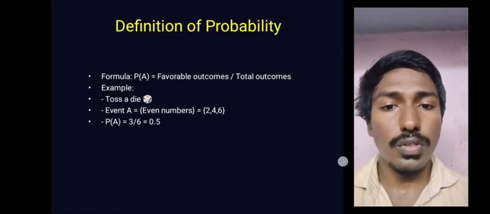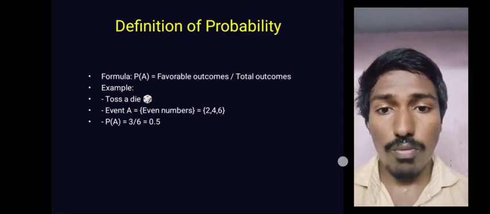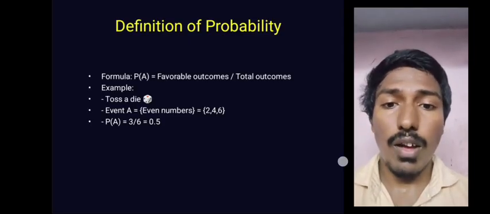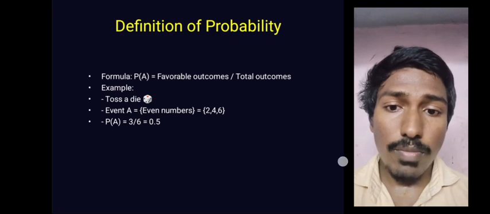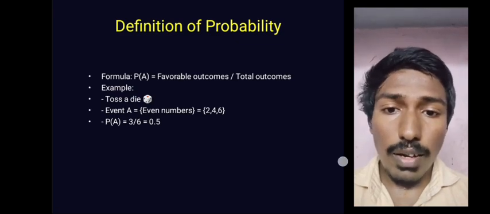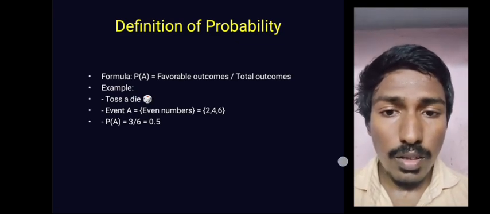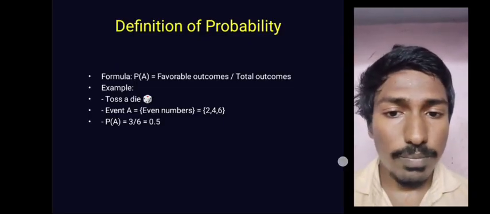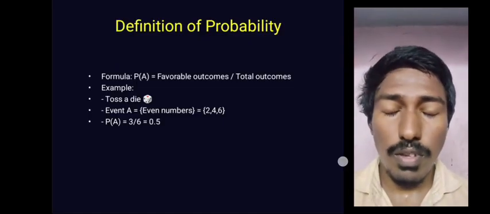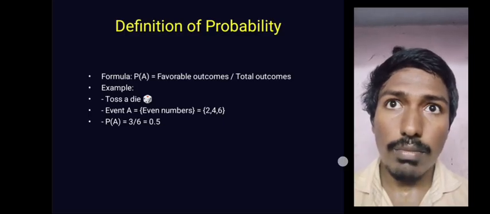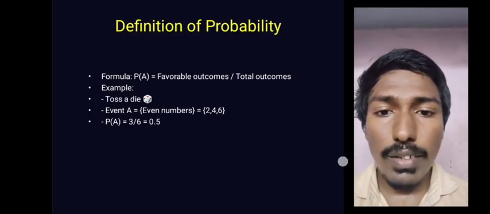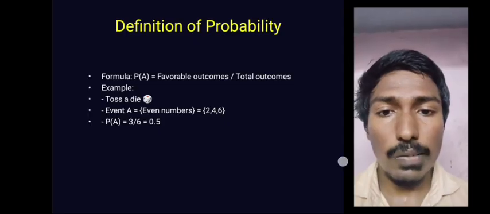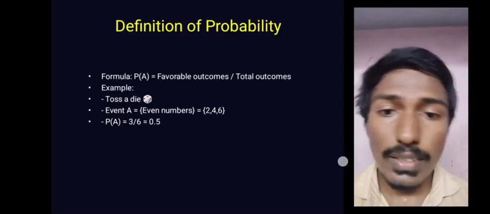For example, if you toss a die and event A is getting an even number, even numbers on a die number 3 and total outcomes are 6.